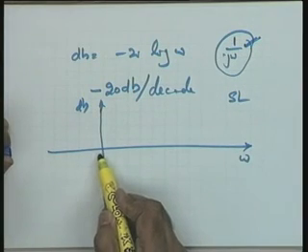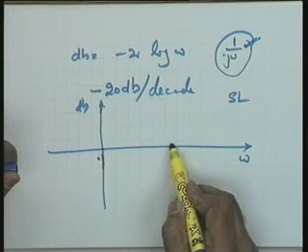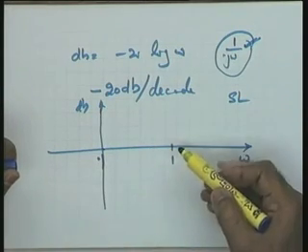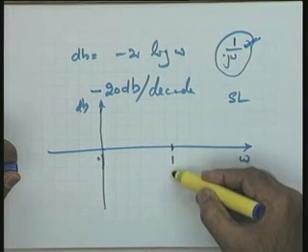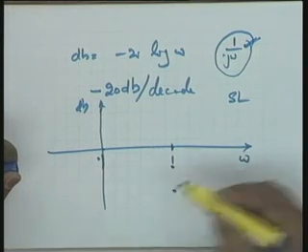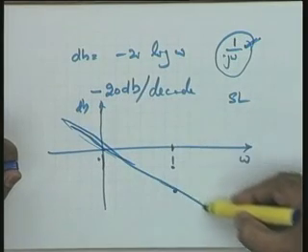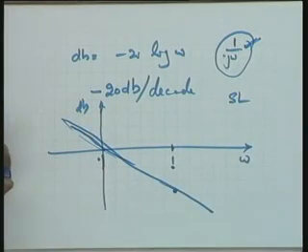Let me say this is 0.1, or any value you may take. What is a decade? A decade is 1 over here, and what is minus 20 dBs per decade? Let me take minus 20 dBs here, let us say 10, minus 10, minus 20 dBs, and pass a line through here. This is a line of minus 20 dBs per decade.